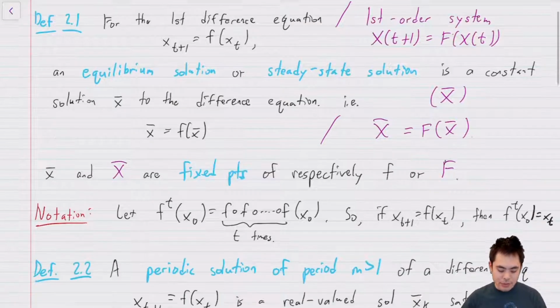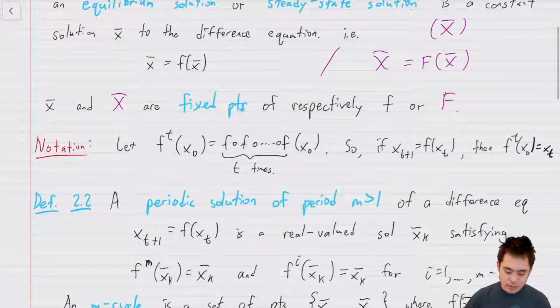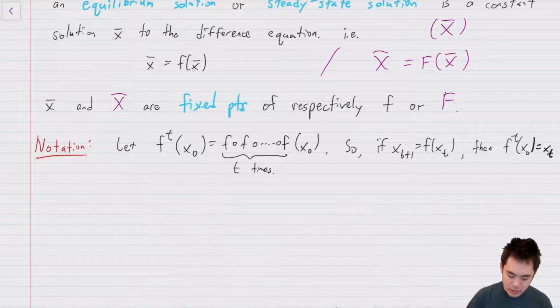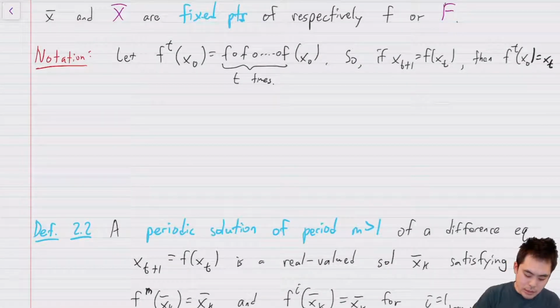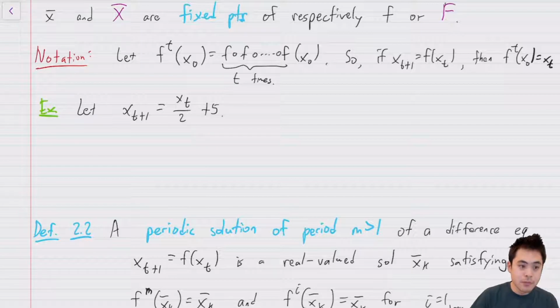Let's start by giving an example of fixed points and equilibrium solutions. So let's do that down here. And let's start with an example. So we're going to let x sub t plus 1 be equal to x sub t over 2 plus 5.